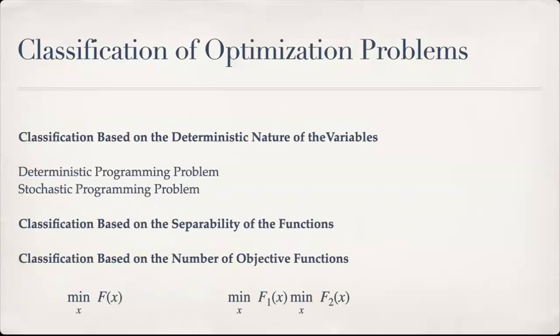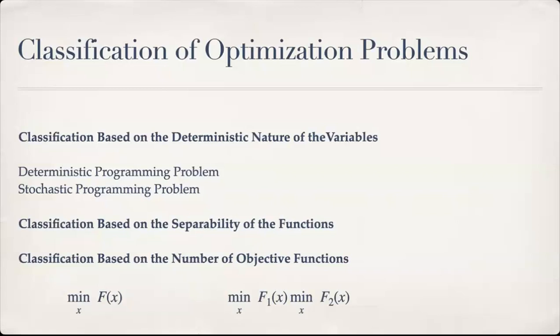And the next thing is classification based on the deterministic nature of variables. I think this one I also explained to you already. When all the parameters in the optimization problem are already defined, we call it a deterministic programming problem. However, if some parameters, of course parameters, not decision variables, are stochastic, they contain uncertainty or variability.